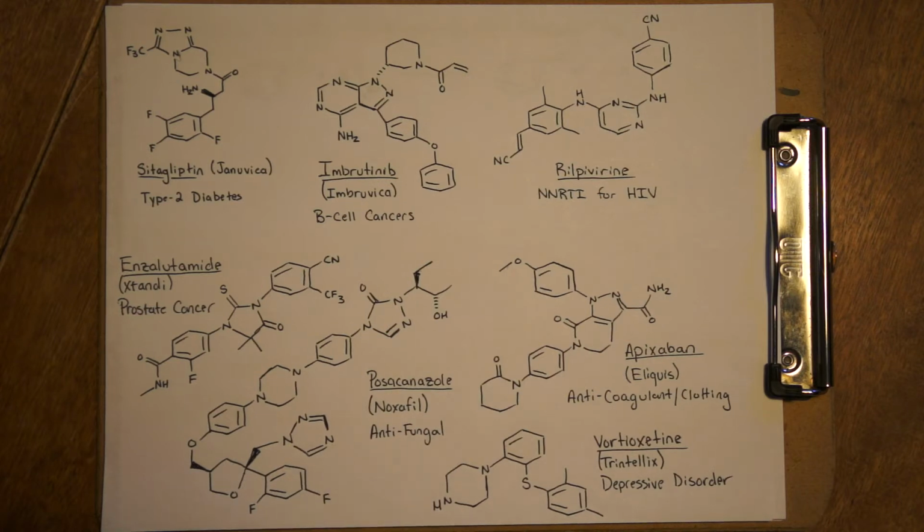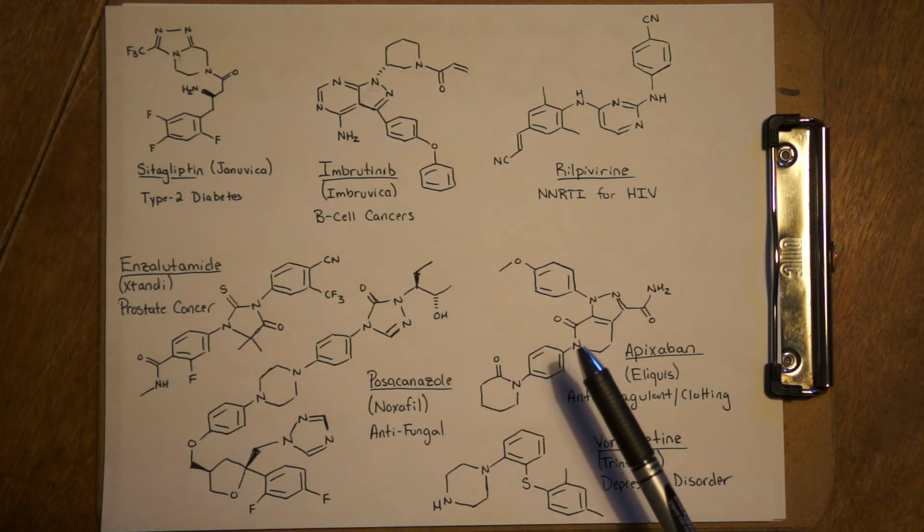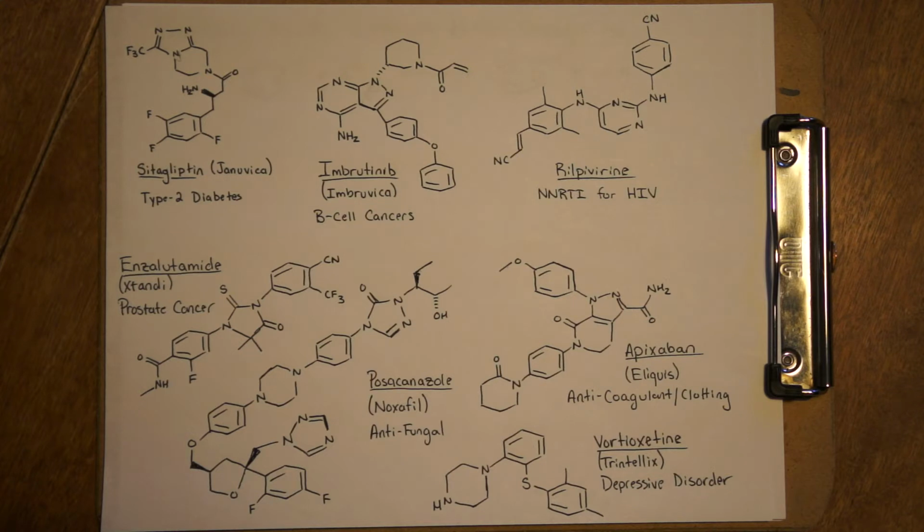Posaconazole is an antifungal agent and also is used to treat fungal infections in the body. Apixaban is an anticoagulant, or an anti-clotting agent, that's used to treat people at risk for stroke or for embolism.